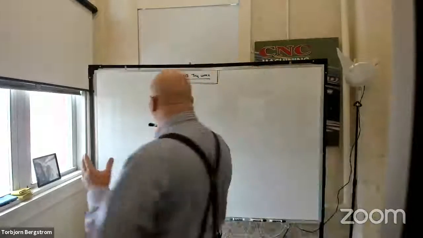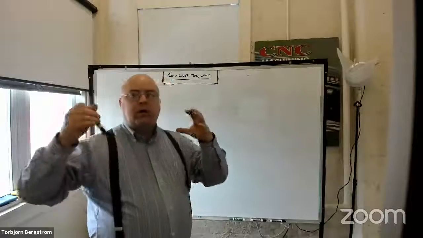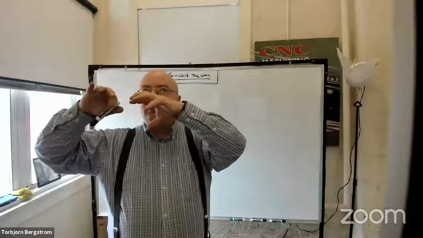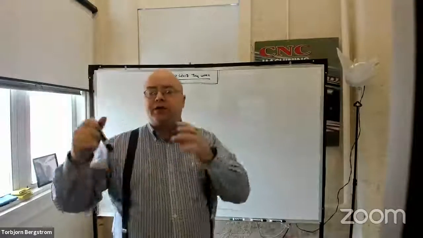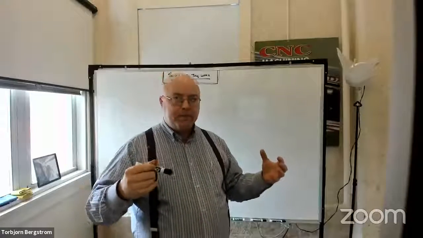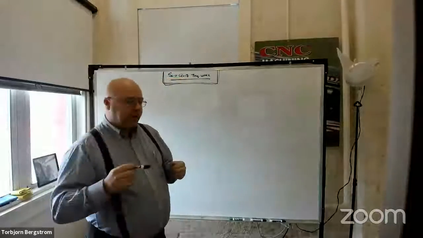So what do we already know about our cutting system, whether it's turning or milling? What do we already know about it that we could express as a mathematical model? Like speed.